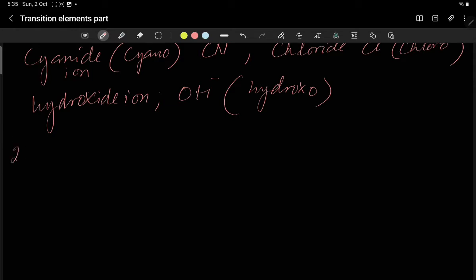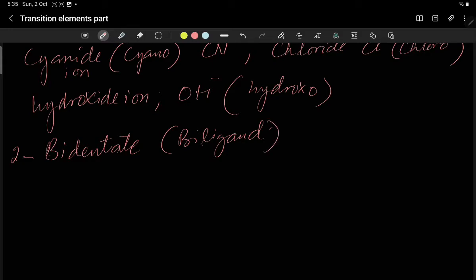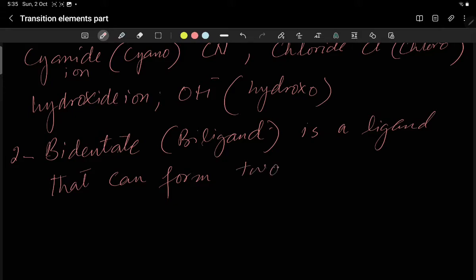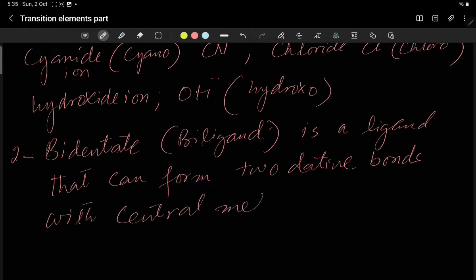The second type is bidentate. A bidentate ligand can form two dative bonds with the central metal atom or ion.